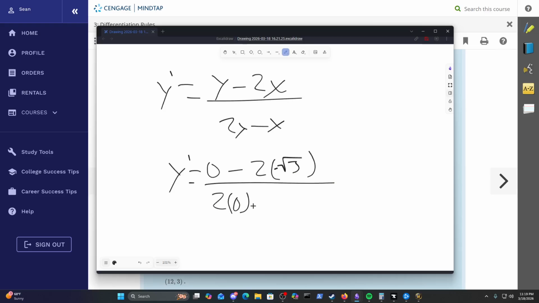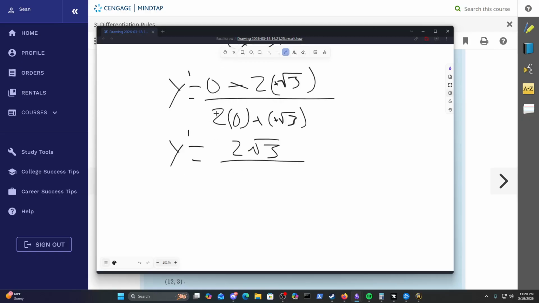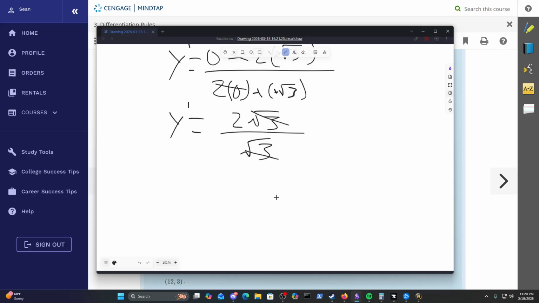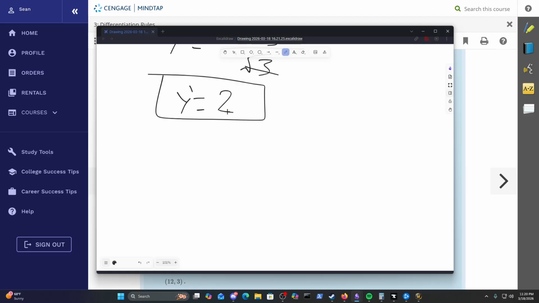Again, plug in 0 for y minus a negative square root of 3. Of course, that all simplifies down to, actually these negatives should cancel out right here. We get a 2 square root of 3 on top, and on the bottom this is a 0, so it should just be square root of 3. The square root of 3's cancel out, so that should just leave us with 2. So for negative square root of 3, we get a slope of 2.